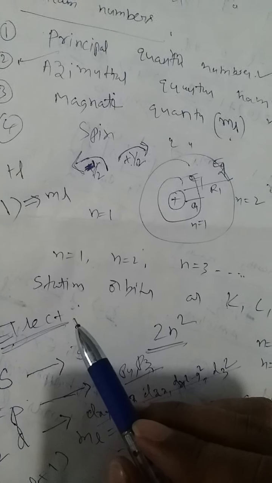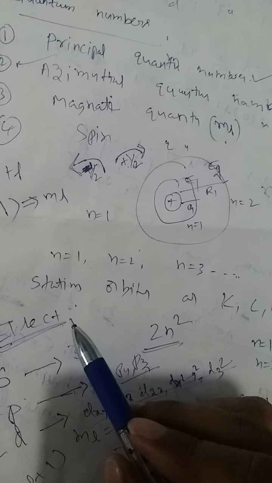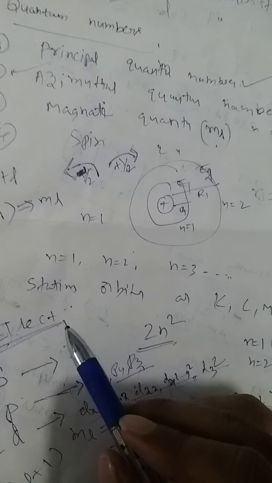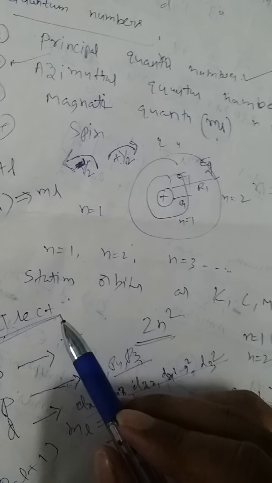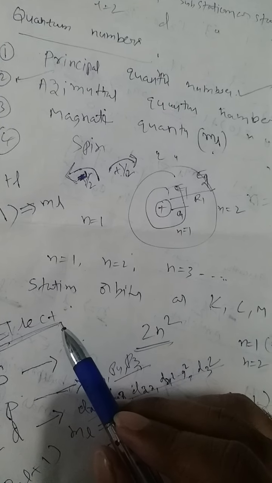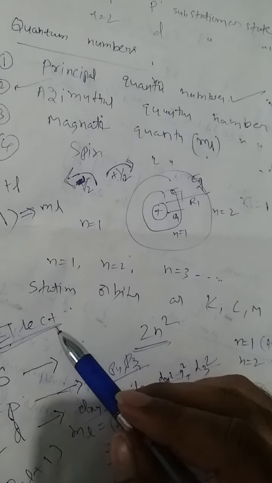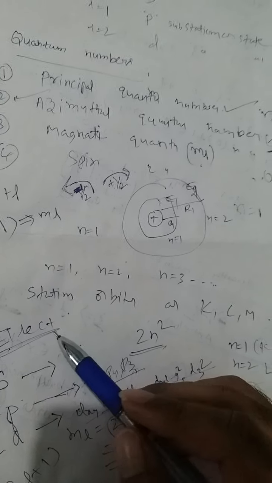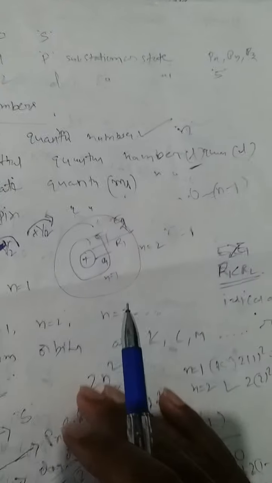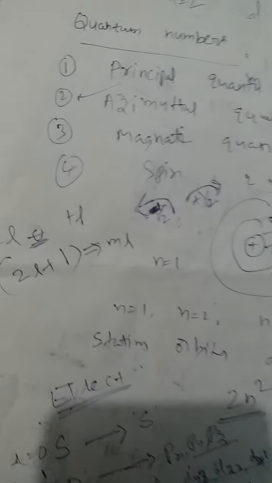So we are filling electrons in orbitals in an appropriate way, which is told by three principles. Those principles will be studied in the next class.